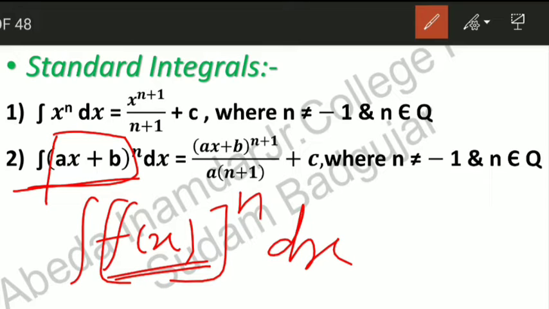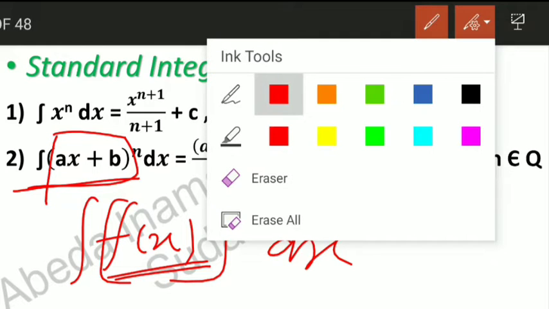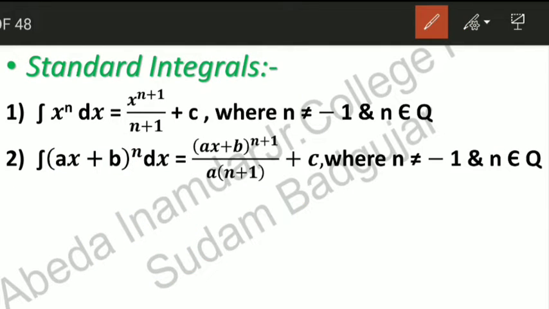What is the base function here? The base function is always a linear function, not quadratic or any other function. Integration of f of x bracket raised to n is not possible.